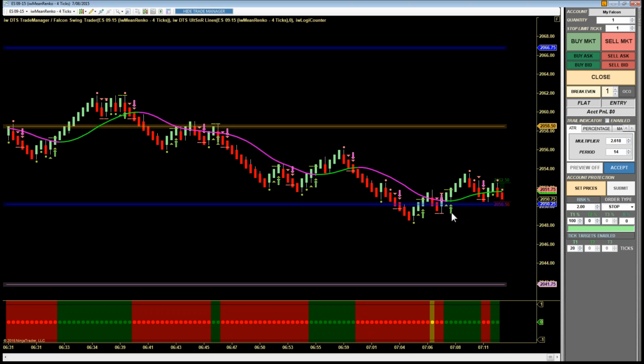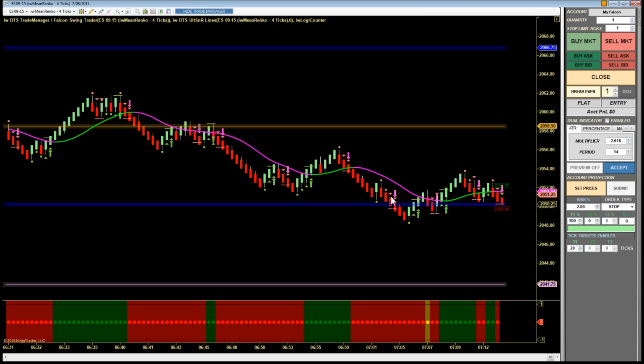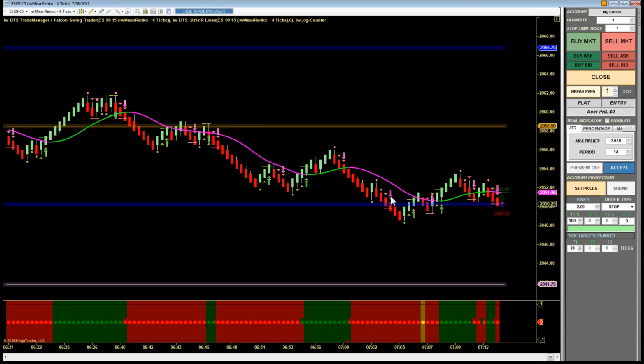I tend to delegate one per chart just so things don't get too cluttered, but you can certainly put them all on one chart if you like. The lines will be the same, right? Regardless of whether I put this on the Raptor or I have it here on the Falcon Swing Trader, or whether I put it on the Hawk or the Trend Trader, the lines are all the same.